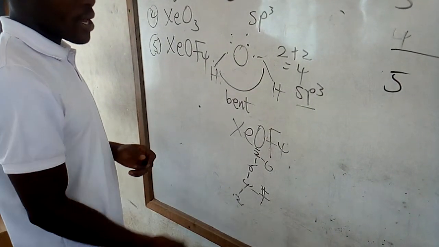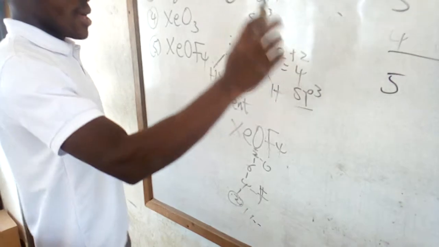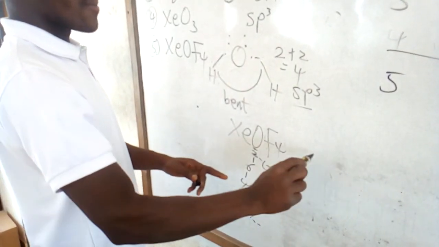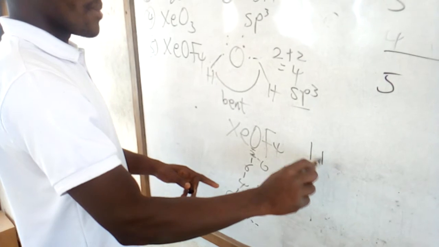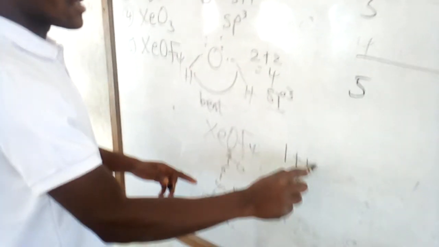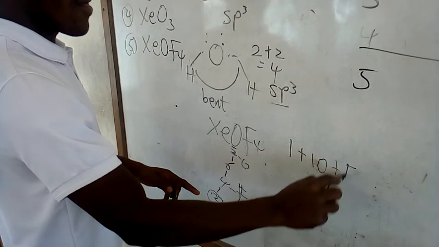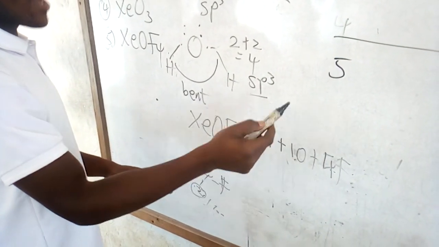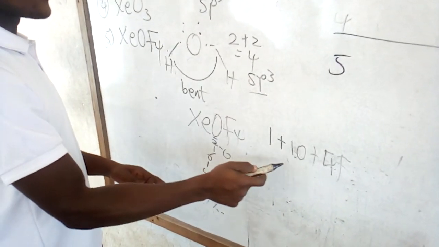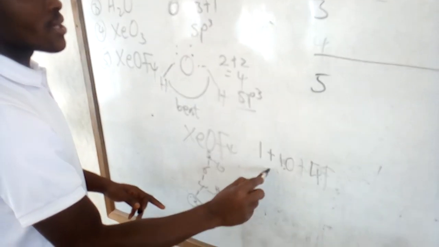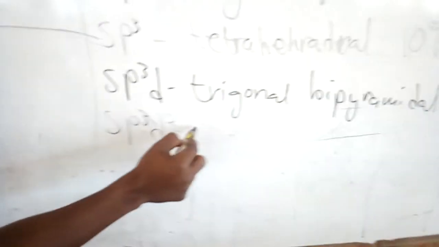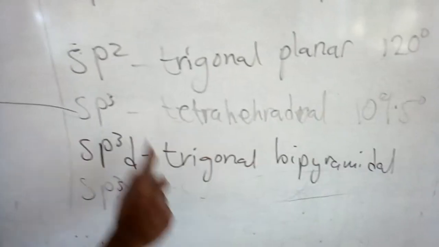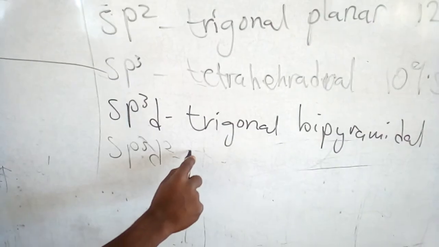And the 2 is a lone pair, hence it becomes 1 lone pair. So there is 1 lone pair plus 1 oxygen plus 4 fluorine: 1, 2, 3, 4, 5, plus another 1 lone pair makes 6. Hence, it is 6. And the 6 is sp3d2 hybridization, and the shape is octahedral.